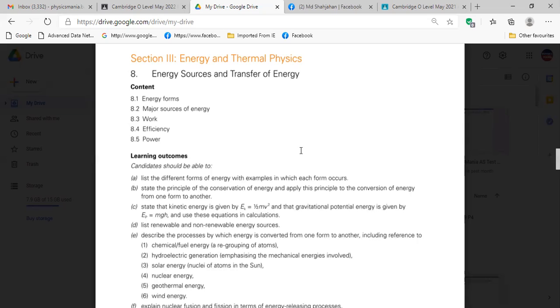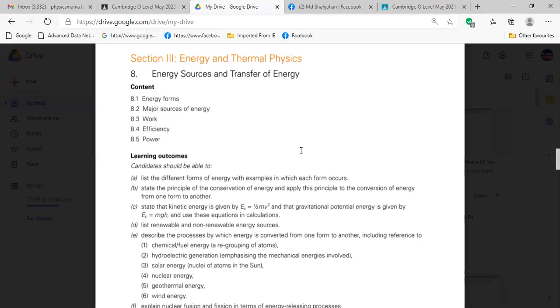Okay, so this way we are getting the fossil fuels, and nuclear fuel is coming from uranium, the radioactive element, uranium, plutonium. From their nucleus, we are getting the nuclear energy, right?